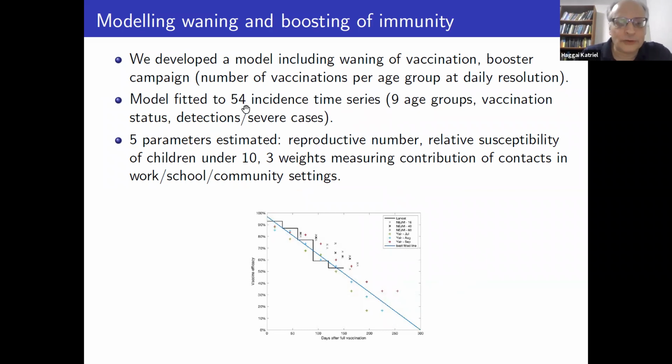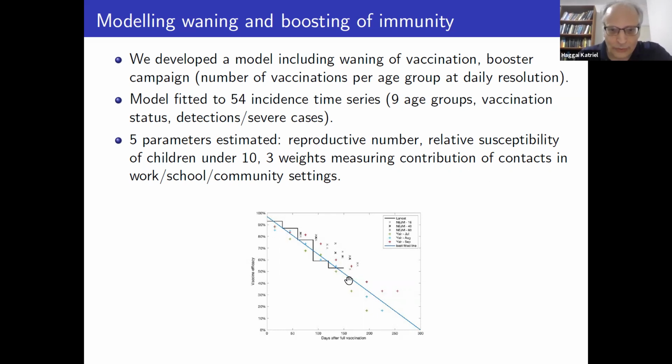But we fit the model to a lot of time series. So we have 9 age groups, and for each age group we have the unvaccinated, the vaccinated with 2 doses, and the vaccinated with the booster. And we also have both detections and severe cases. And we only estimate a few parameters.